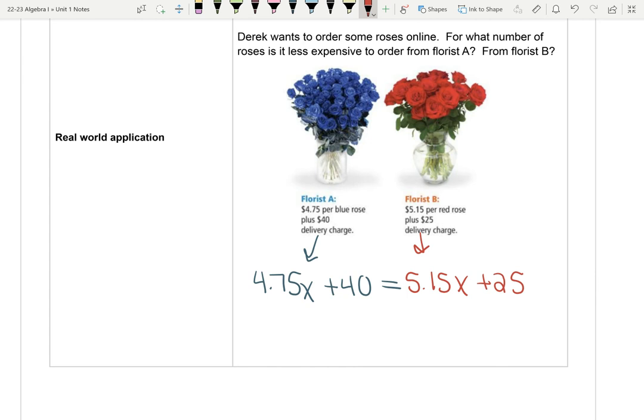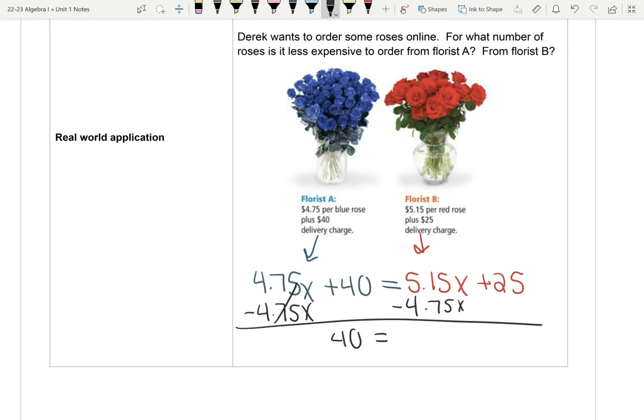So now I'm going to solve this. So I have to move over my 4.75x. I'm going to subtract that from both sides. So I get 40 equals 0.40x plus 25. And then I'm going to subtract 25 from both sides.